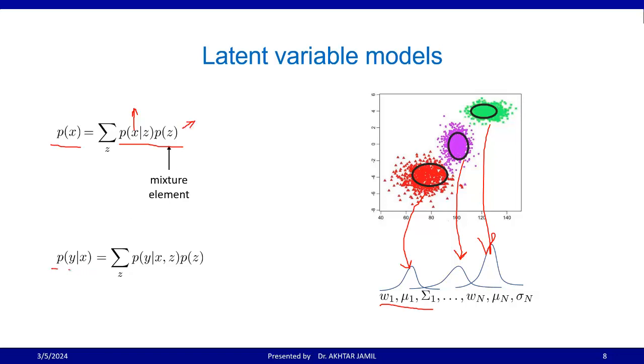We can do the same thing for the conditional probability, where I'm interested in predicting the label for a particular data. So probability of y given x can be computed by summing over all these z's we have, taking the conditional probability of y given x and z, and then the probability of z.